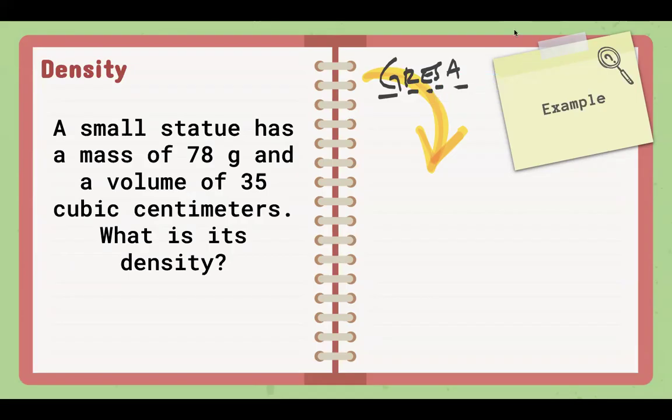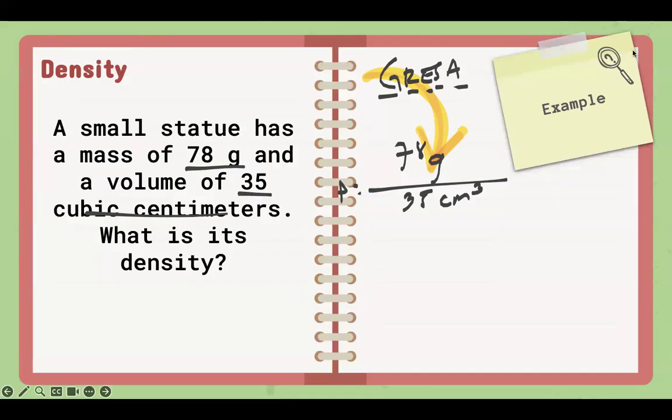Now we're given 78 grams and 35 cubic centimeters. Getting the density is just mass over volume. So simply divide and we get the density of the small statue.